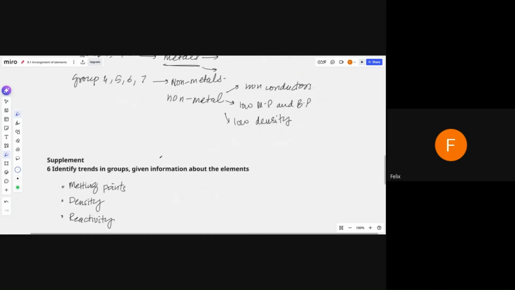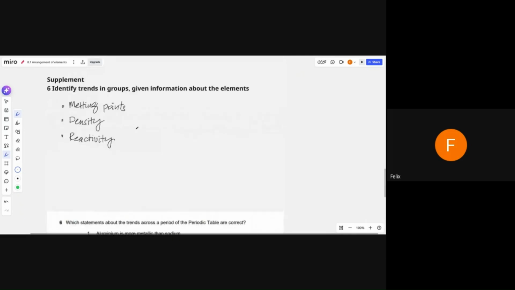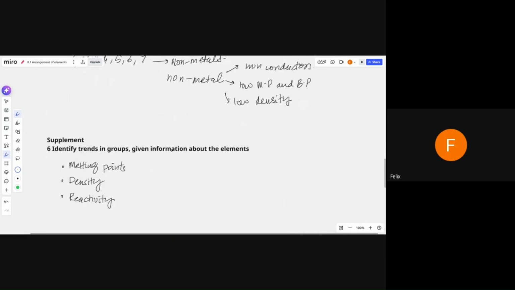Now we move on to the last subtopic of topic 8.1, the arrangement of elements. This is for the supplement or extended version of the paper. Core students will not be assessed on these concepts. Subtopic 8.1.6 says: identify trends in groups given information about the elements.